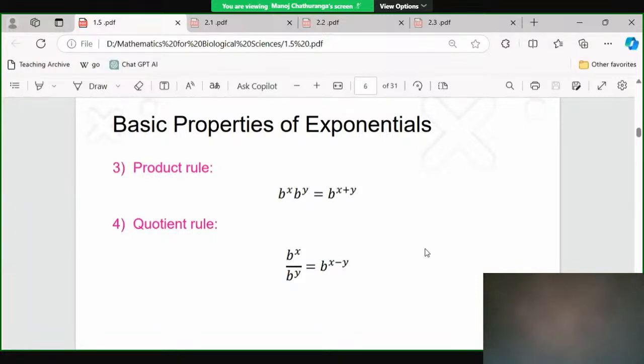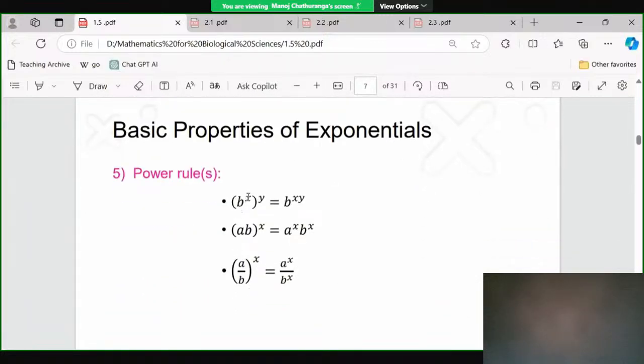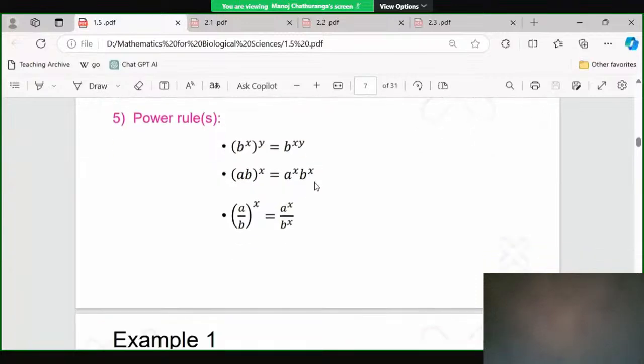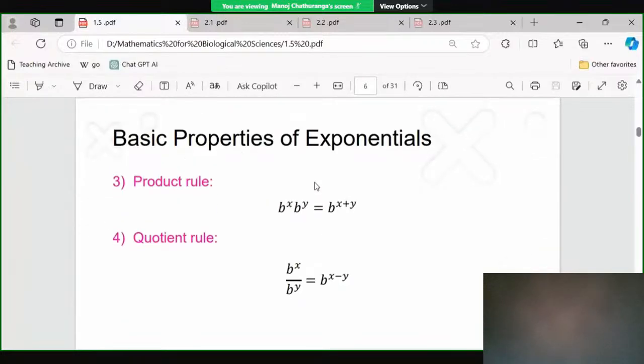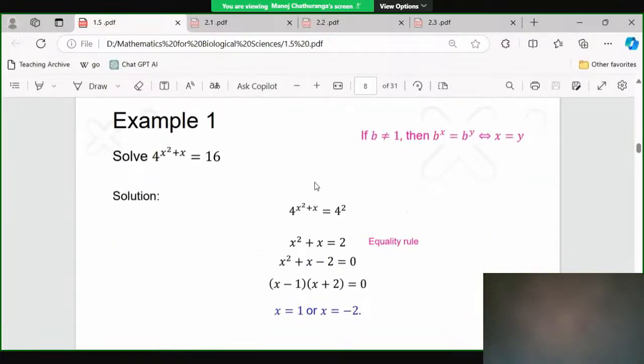So it changes products to sums, it takes quotients and gives you differences, and it takes powers and returns you multiples. So these are very important properties of exponential functions. So using this one-to-oneness and all the rules that we learned, we can solve equations involving exponential functions.